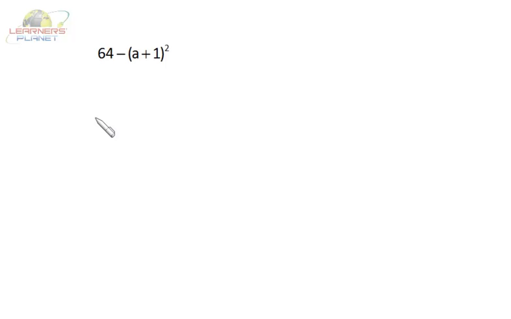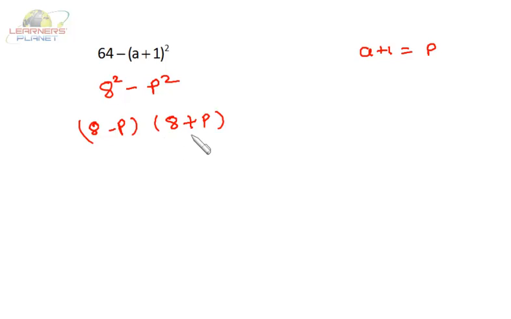Now this question, further it is 8 square minus, I assume a plus 1 to be p, so it's 8 square minus p square, which is 8 minus p, 8 plus p. Now I replace the value of p as a plus 1, so it's 8 minus a plus 1. Do not forget to put this bracket if you are replacing the value of p, since there is a negative sign outside the bracket.